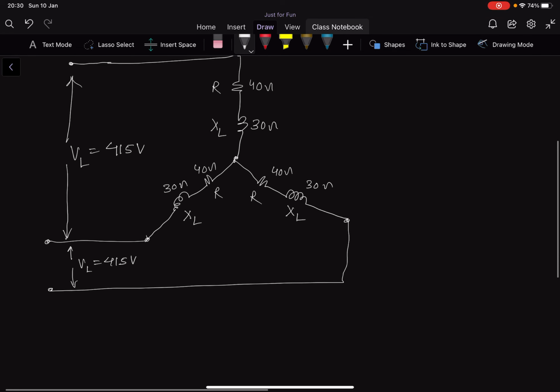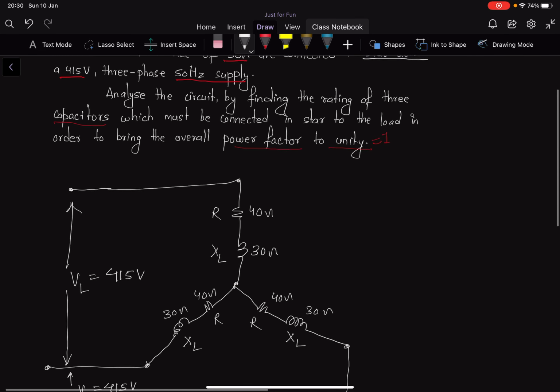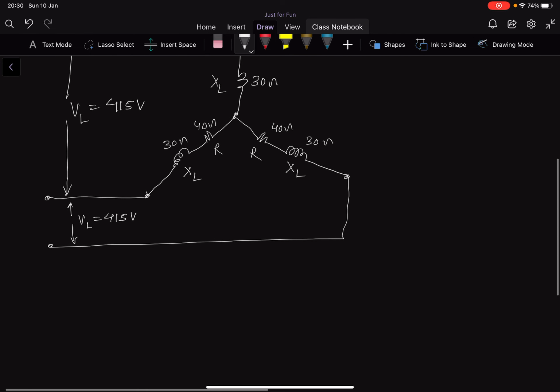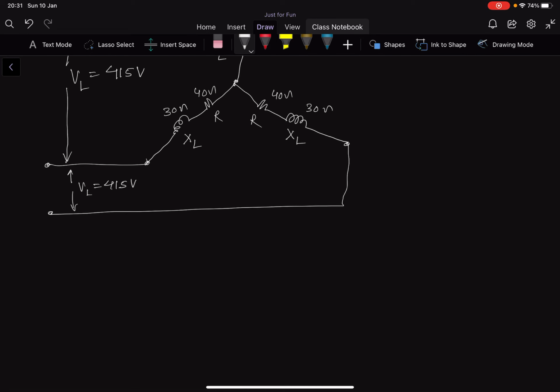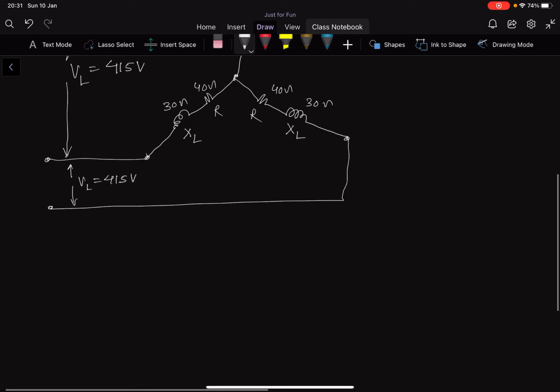Based on our example one, now let's analyze this furthermore. Since the circuit is balanced, from this circuit we can see that it's a balanced load.